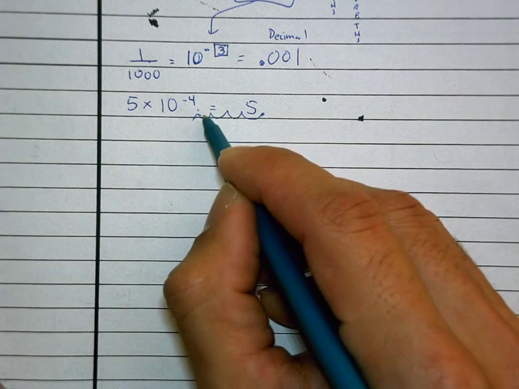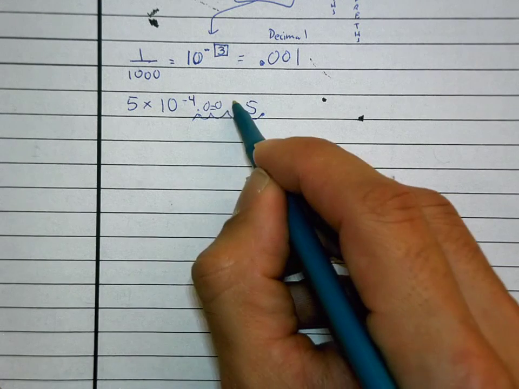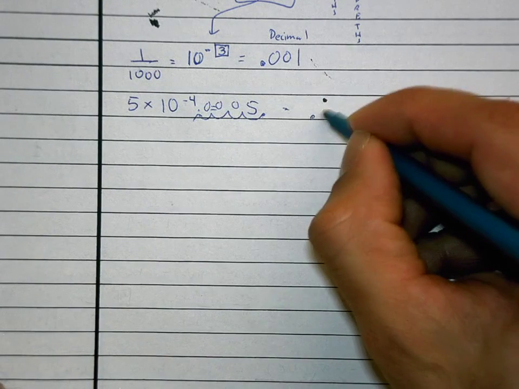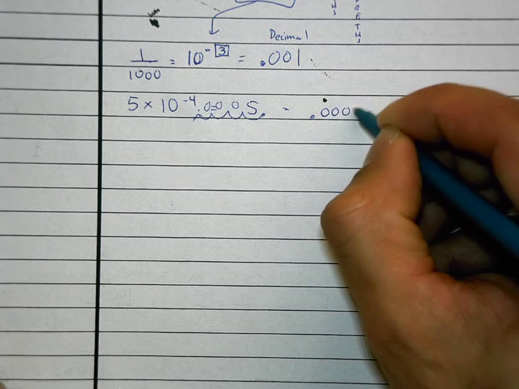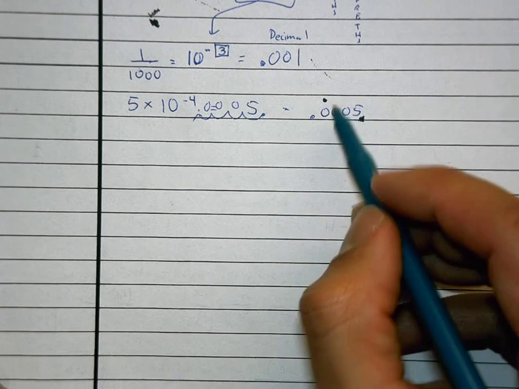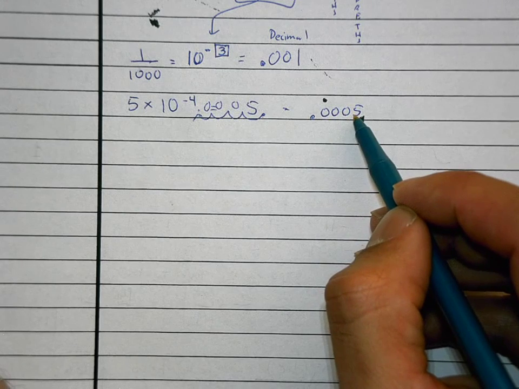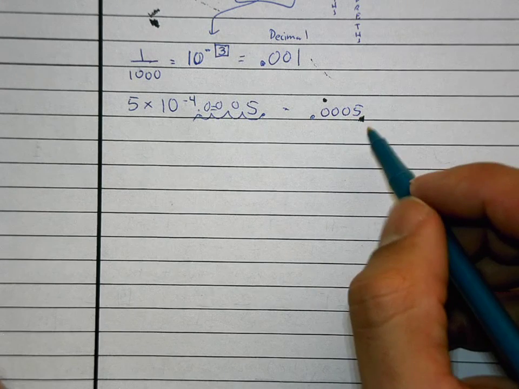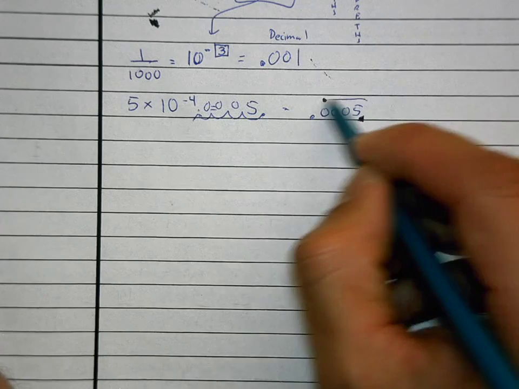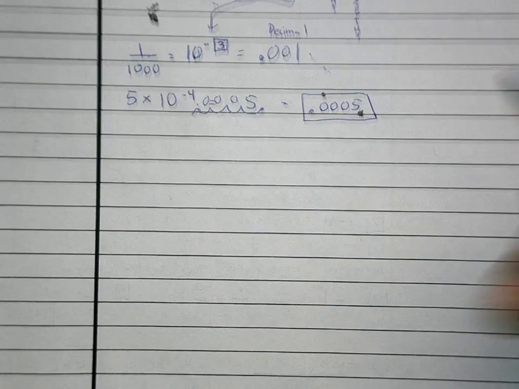What goes in those empty spots? Zeros. This is 0.0005. Tenths, hundredths, thousandths, 10,000ths. 5 10,000ths is what this is. Does that make sense?